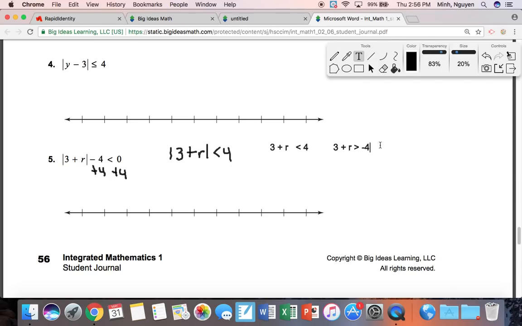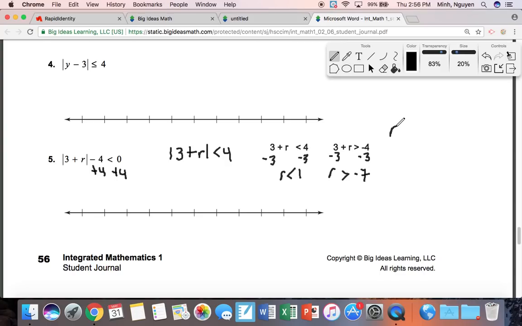Sorry, there are no symbols to add. That's it. 3 plus r is less than 4, and 3 plus r is greater than negative 4. We're going to subtract 3 on each side. So yeah, r is less than 1, and r is greater than negative 7.